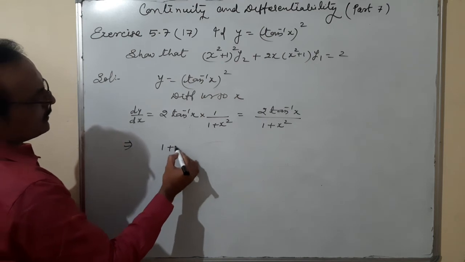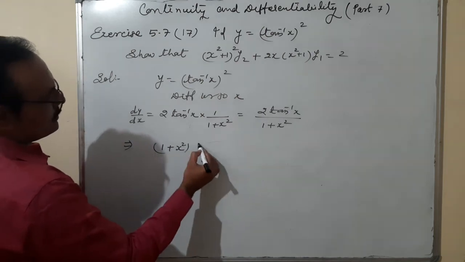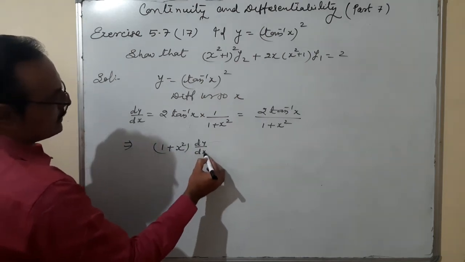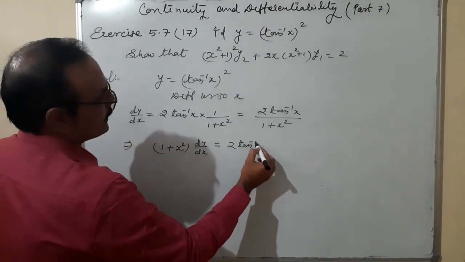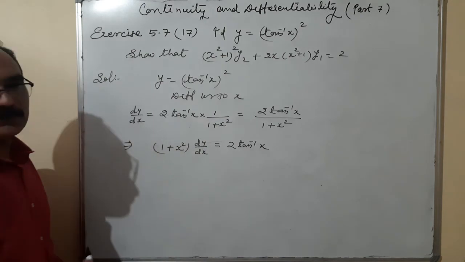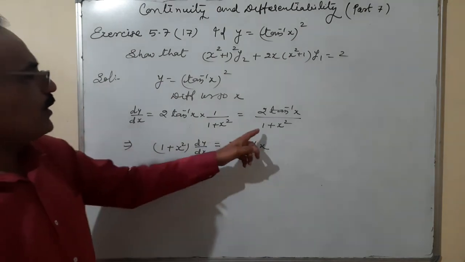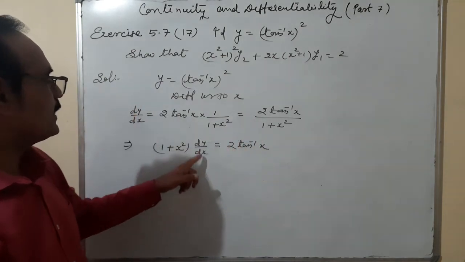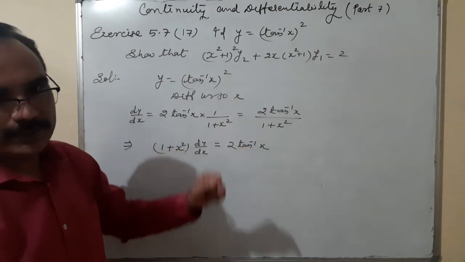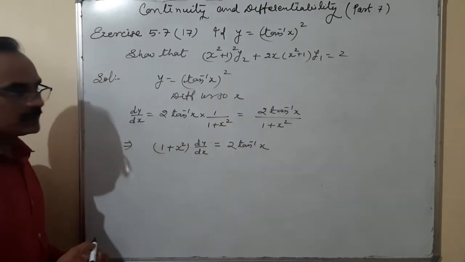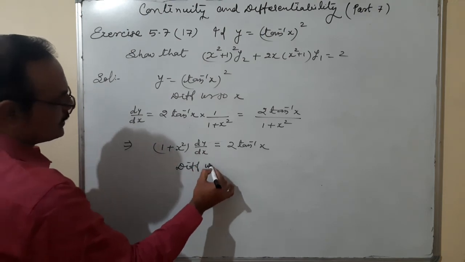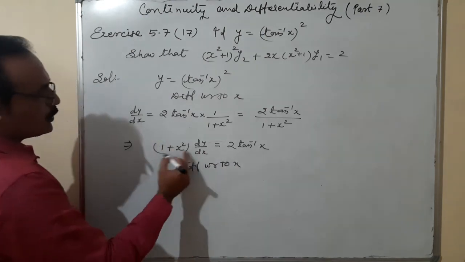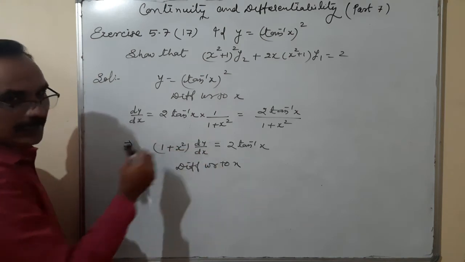So it is coming 1 plus x square dy by dx is equal to 2 tan inverse x. Okay? 1 plus x square multiplied by dy by dx is equal to 2 tan inverse x. Now differentiate with respect to x. There are two functions, first and second.